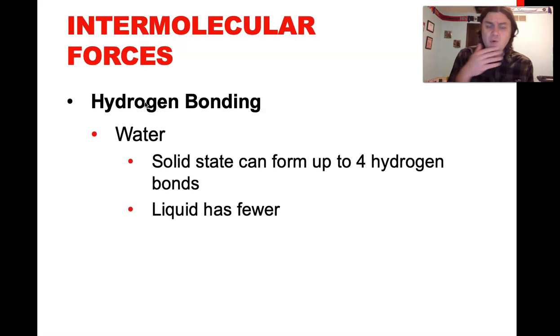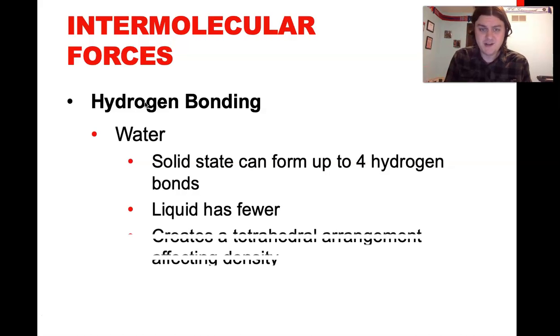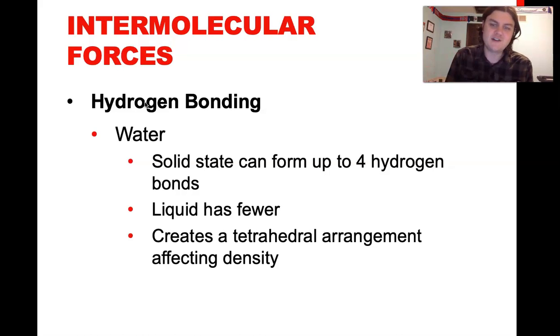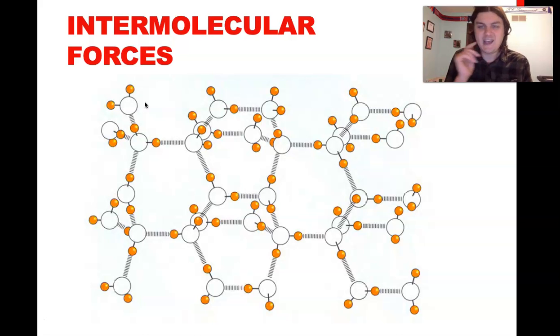So water, as I mentioned, is kind of a classic example. All right. In its solid state, it can form up to 4 hydrogen bonds. Liquid usually only makes 2. And what's neat about that is it causes solid water to have a tetrahedral arrangement. And solid water is less dense than liquid water because of this.